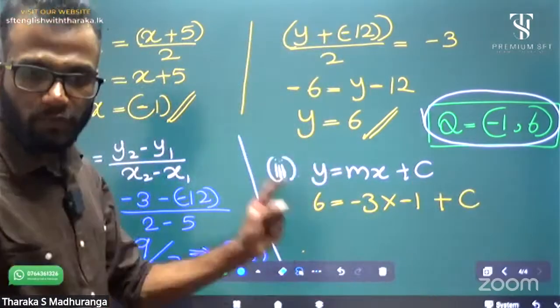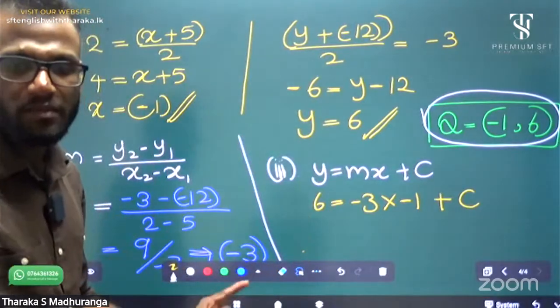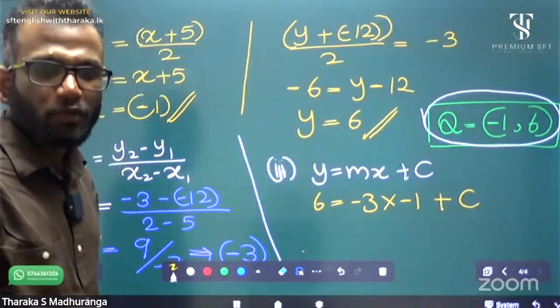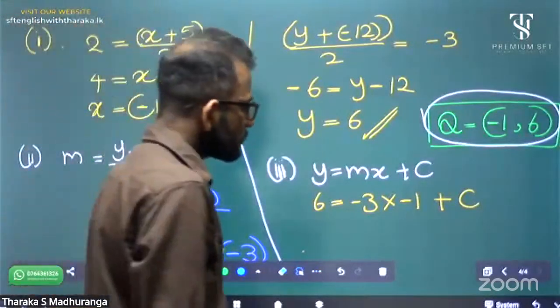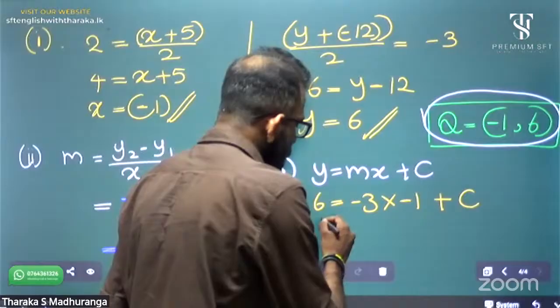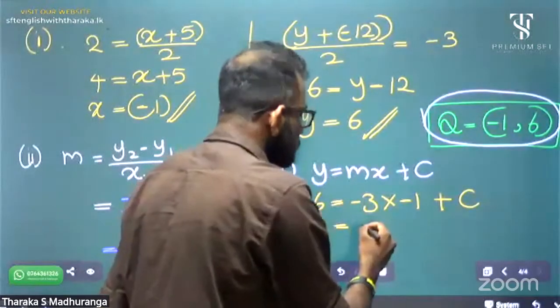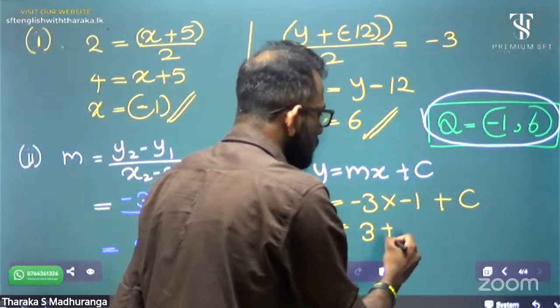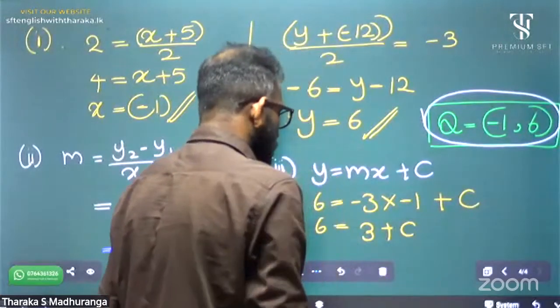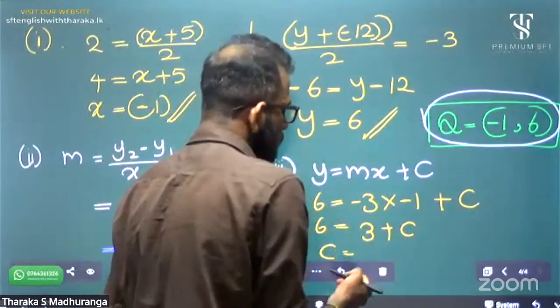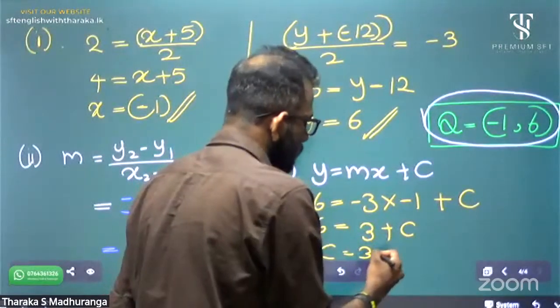Now if you isolate c, this is the intercept of this straight line. 6 equals minus 3 into minus 1, which is plus 3, so 3 plus c. Now c equals 3 moved over, so it is 3 again.